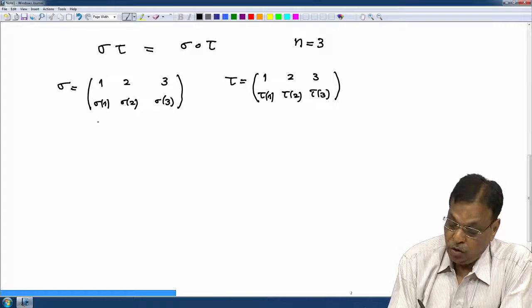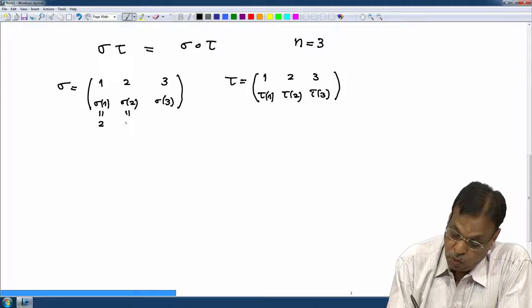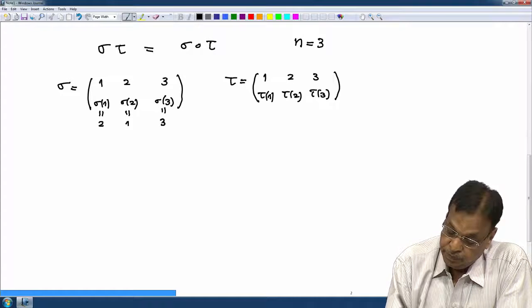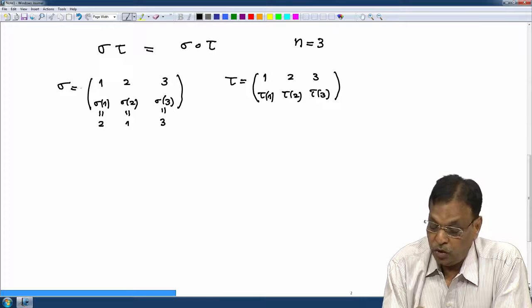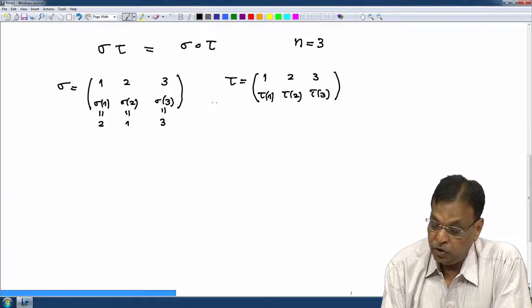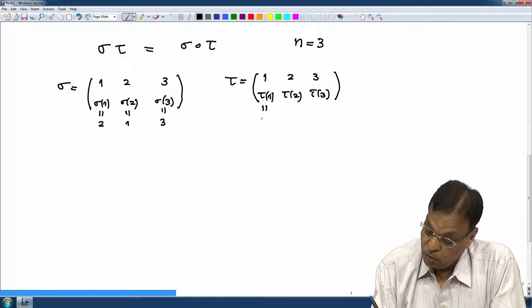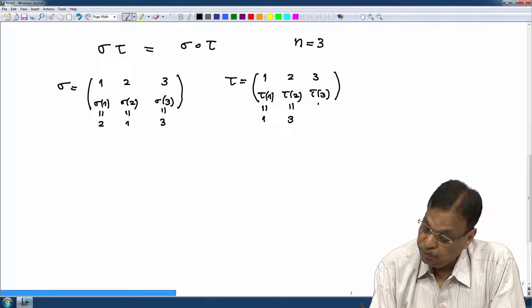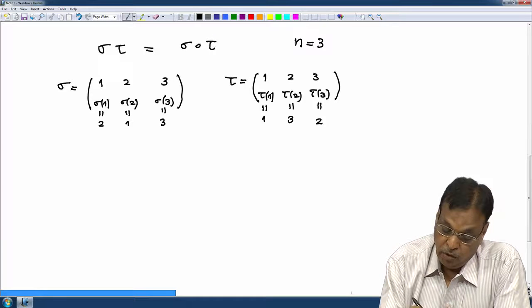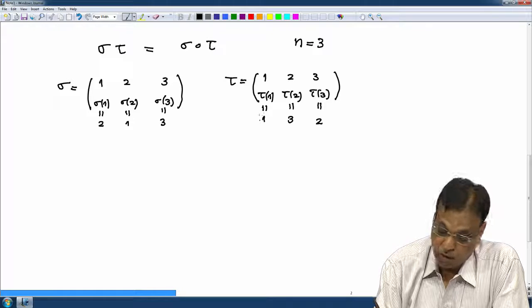I want to demonstrate to you how one composes. So let us take sigma as 2, 1, 3. Note that when you want to check whether something is bijective or not, you just have to look at the image row of sigma and check that all the entries there are different. And tau is 1, 3, 2. That means under sigma, 1 goes to 2, 2 goes to 1, 3 goes to 3. Under tau, 1 goes to 1, 2 goes to 3, 3 goes to 2.